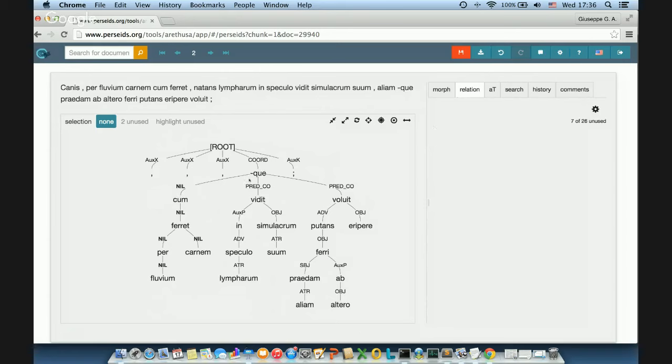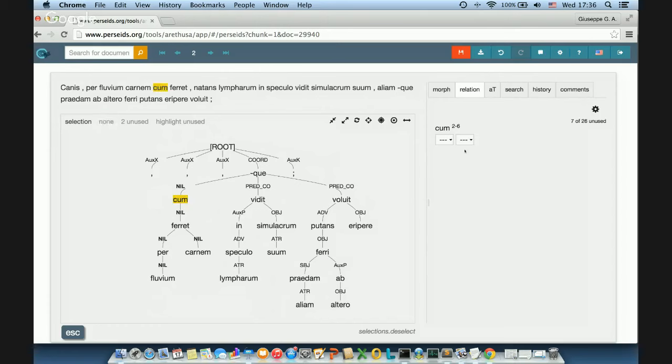But the problem here is that this is the way we annotate a subordinate conjunction in order to mean, okay, look, here the subordinate clause modifies both the verbs, not just the first one.